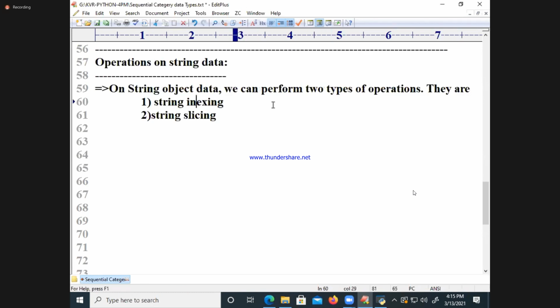Number 1, string indexing. Second is called string slicing. String indexing and string slicing. So first keep the subheading string indexing.